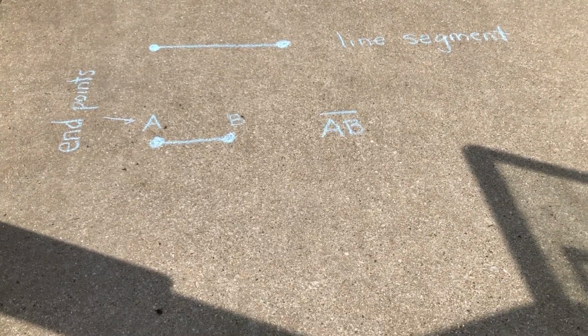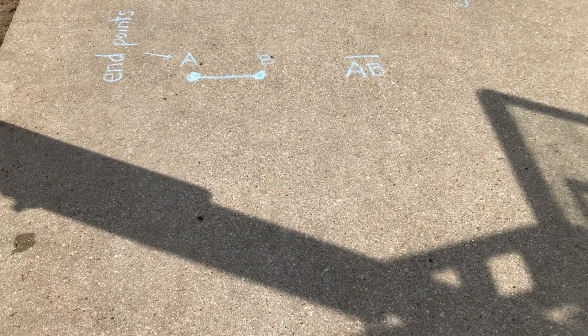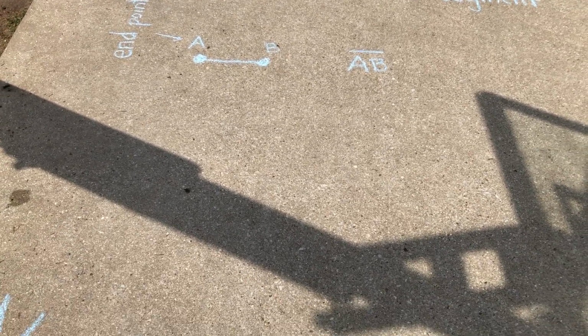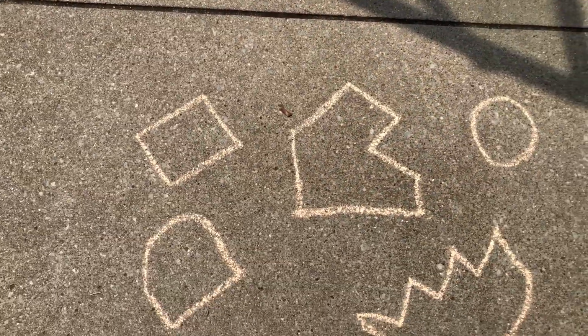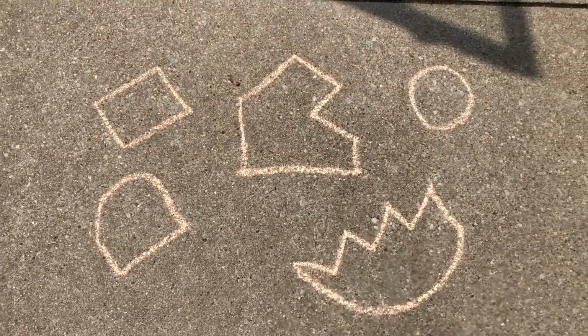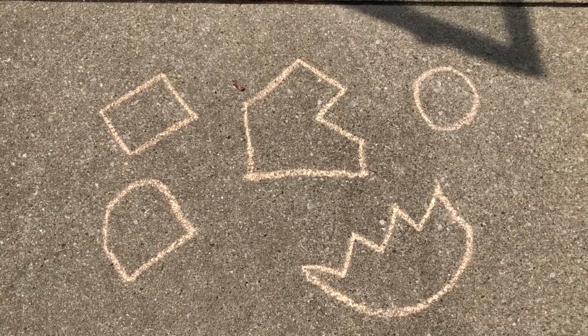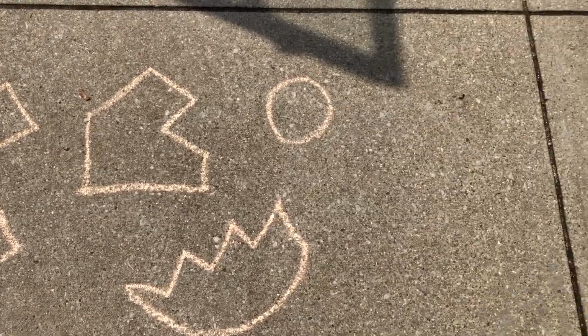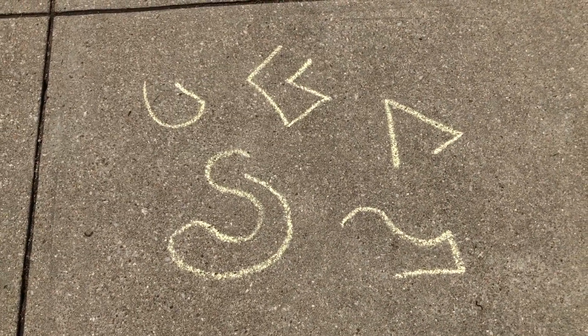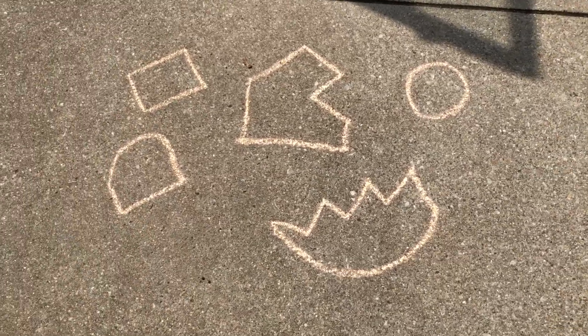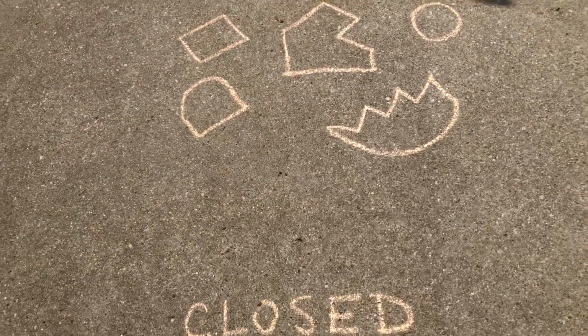So if I take a look, there are two types of plane shapes, two types of two-dimensional shapes. And here's one type. Can you take a look at this? Okay, what do you notice about those? Okay, that's one type. And then if I move over my driveway, here's another type. What do you notice? If you notice, all of these are closed.